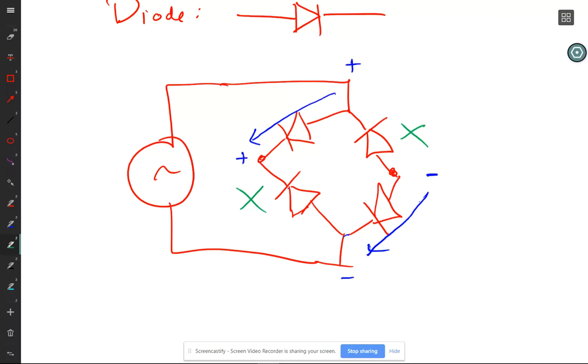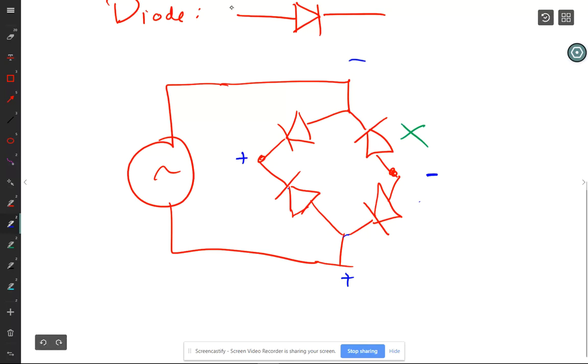Now we reverse it. So get rid of those. And now I'm going to have the current, so this side's positive. Which direction can the current go from the positive? Only the direction of the arrow. So now this one's going to go this way. This one, the current's going to go this way.